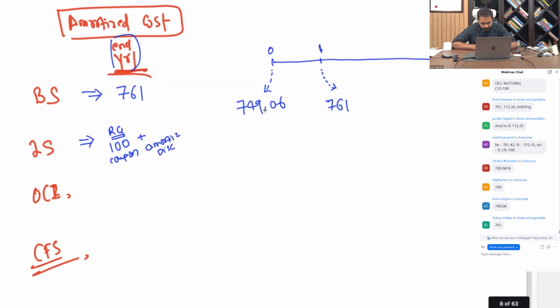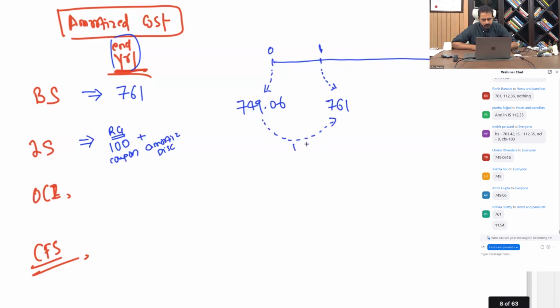And what is that? The increase from 749 to 761. How much is that? 12? Is it 12 or 11.94, right? So 11.94. So my total realized gain on my income statement will be 111.94.